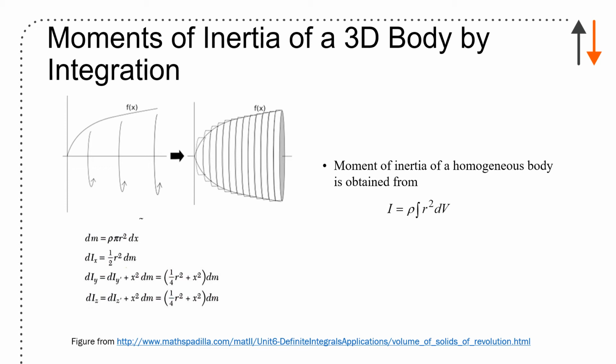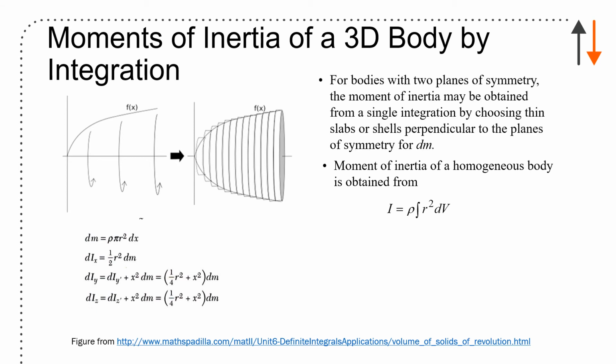Here, I'm just defining things in terms of disks. So you see here at the very bottom a disk of thickness t. If I integrate 1/2 r squared dm, substituting dm into here, I get dIx, dIy, dIz. And these are the three values that I'll get along each of the axes that I'm interested in.